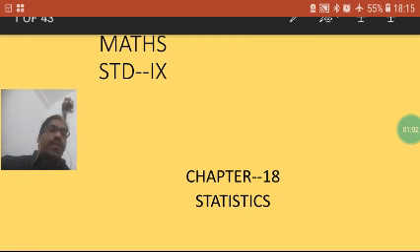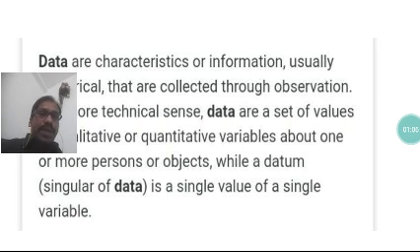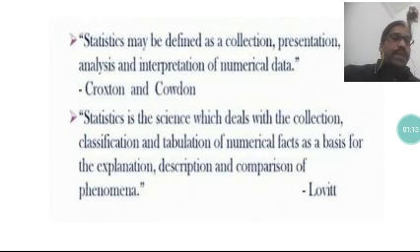Okay, so now we start this chapter. Some topics, as I have said, we will recall. Data, as you know, is the number values. Statistics, as you already know, is the collection, presentation, analysis, and interpretation of numerical data. Clear?